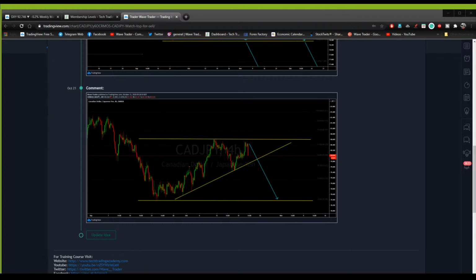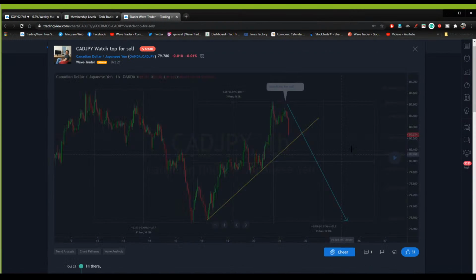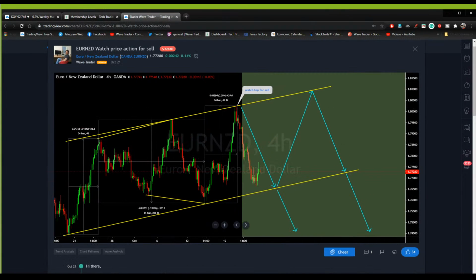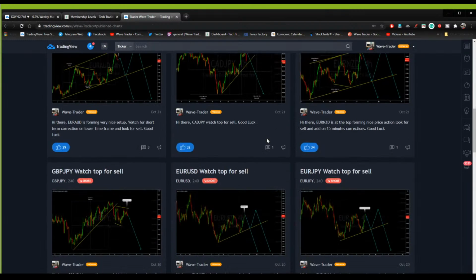We're going to look at the lower time frame as well. Euro New Zealand dollar went lower nicely. For next week, a correct breakdown continues to go lower, or it goes back up for another leg higher within that formation.